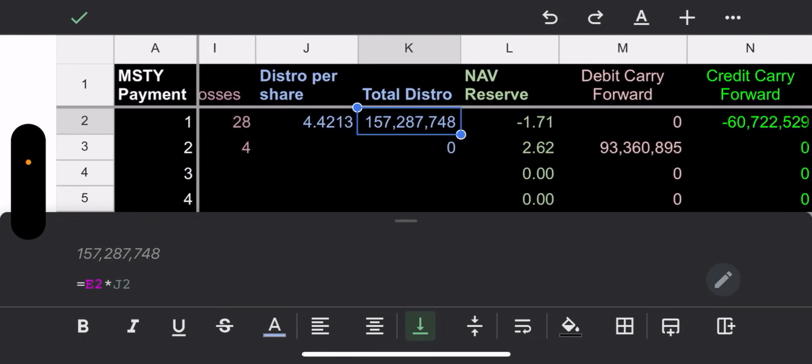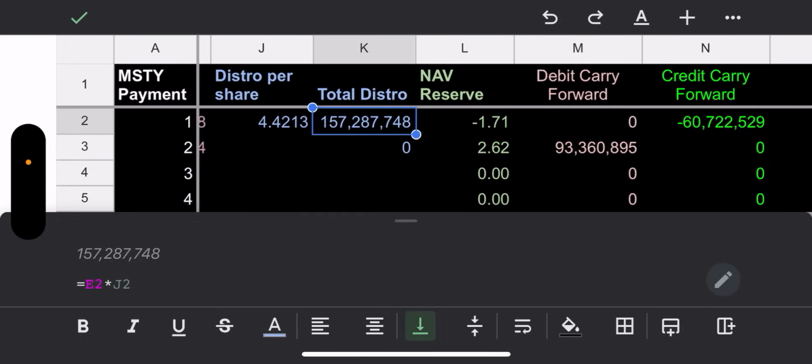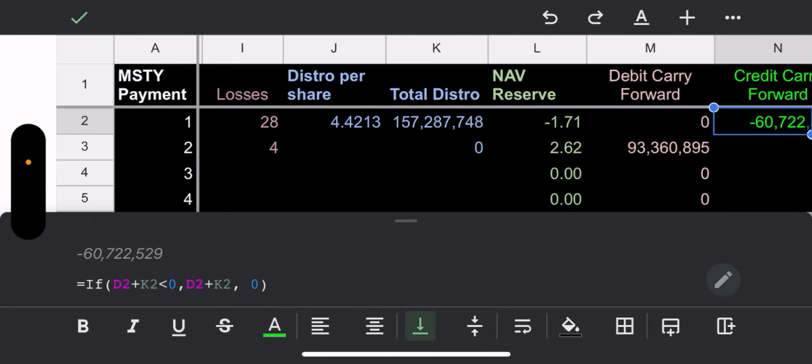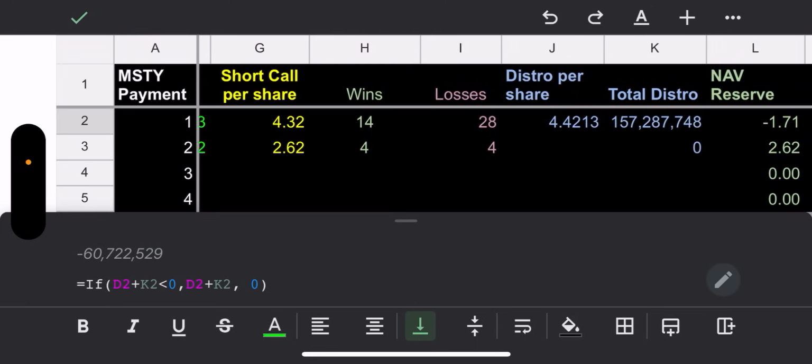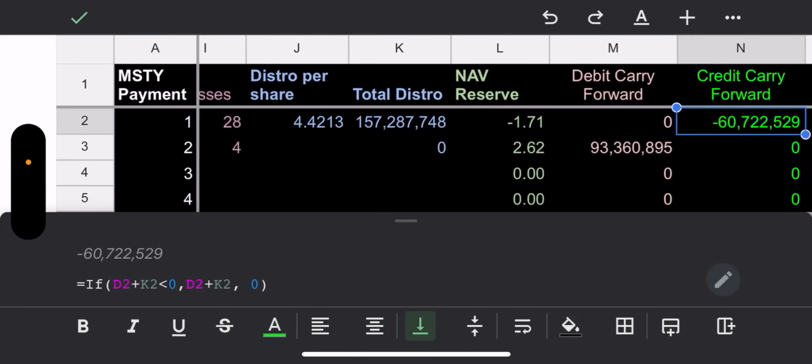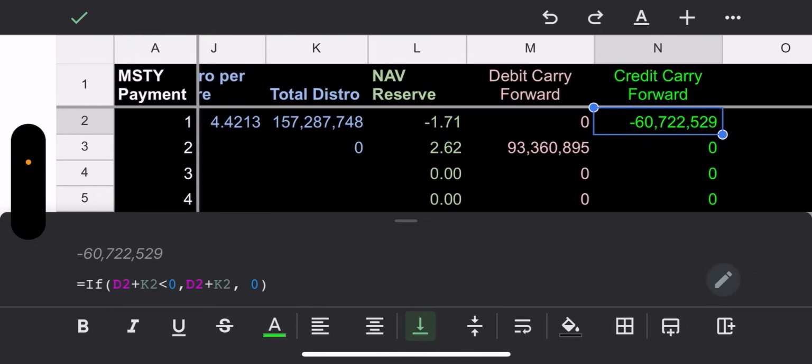And I use that in order to calculate whether or not there's a debit or credit carried forward. So you could see here, it does if D2 plus K2 is less than 0, then D2 plus K2, right?